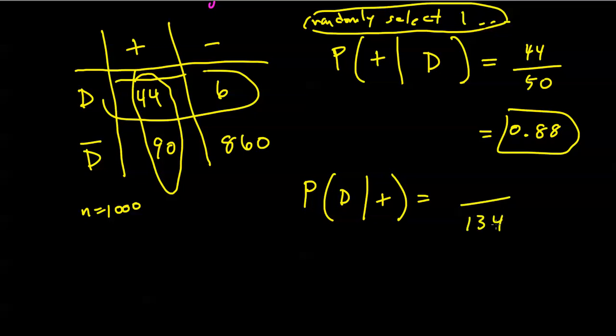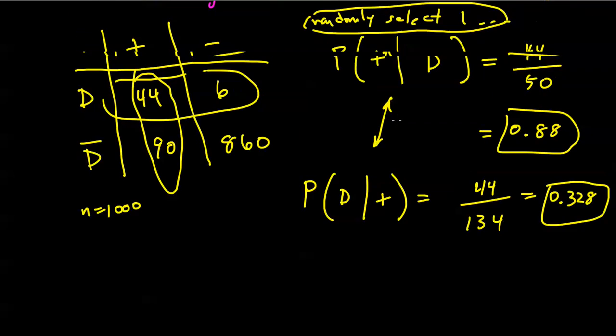So assuming that positive test has already occurred, what's the probability of picking a drug user? Well, of course, that's 44 over 134, and I can punch that out to 0.328. Notice these numbers are not the same. That shows that conditional probability is not commutative. Right? The probability of A given B is not necessarily equal to the probability of B given A. Okay?